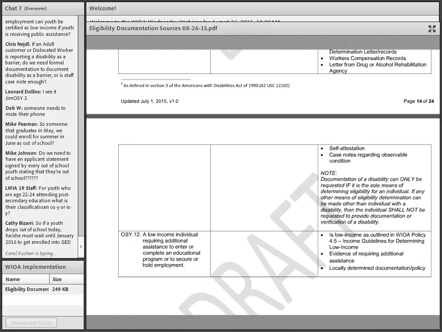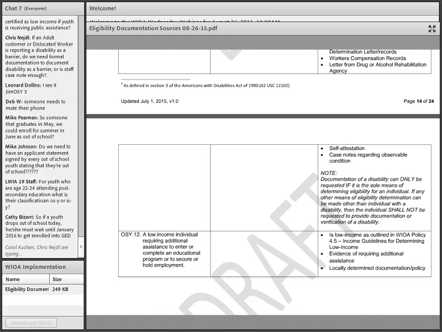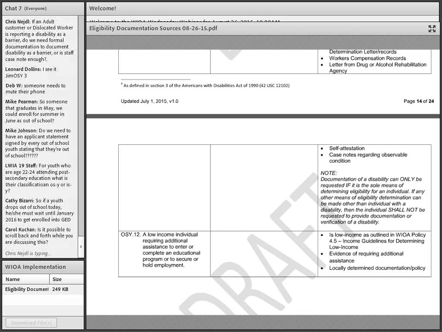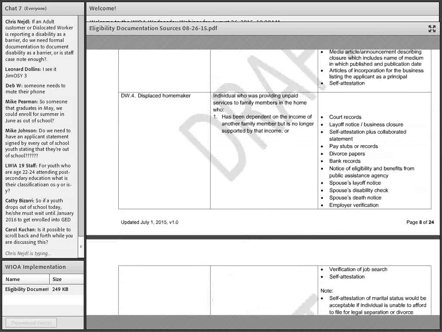Well, I was going to say I've looked at some of the other comments, and I had the same question too. I think the confusion is when you go back to page 5 under the dislocated worker eligibility requirements, you have DW period 1.